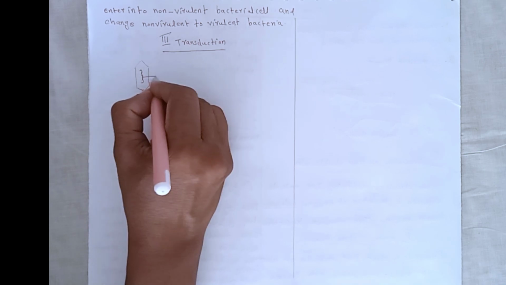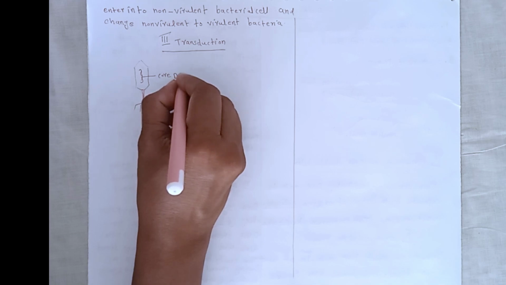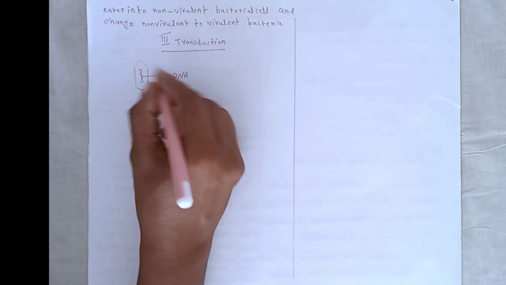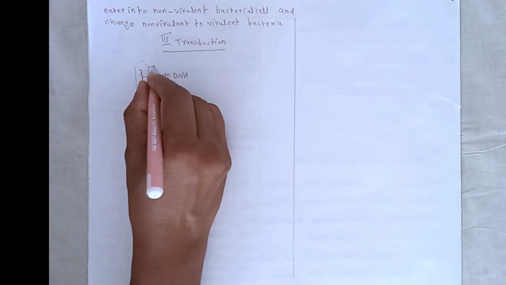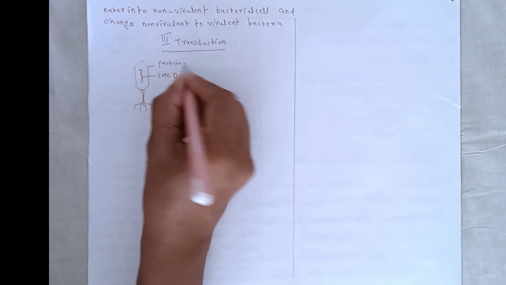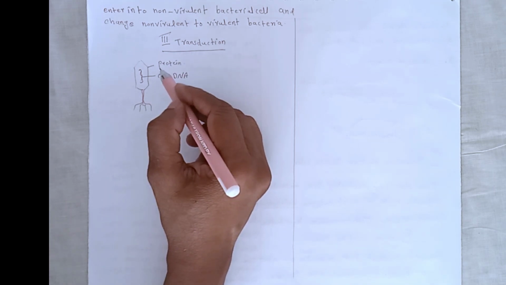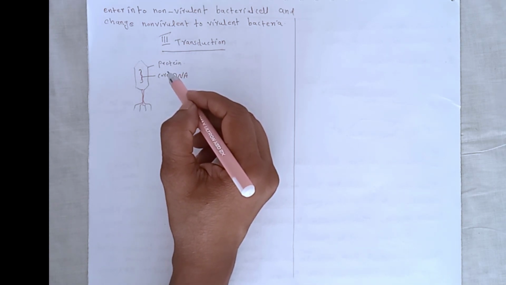This is the core particle, that is DNA. In this case, DNA as the genetic material are the core particle and a protein coat. The core particle and a protein coat are the main part of a virus.